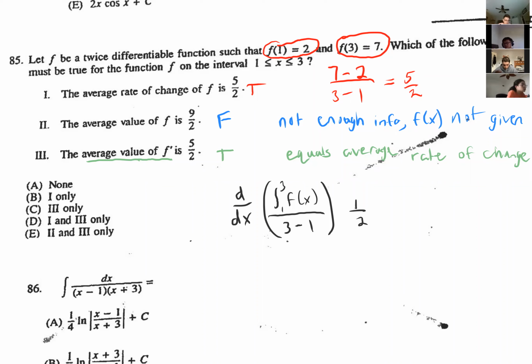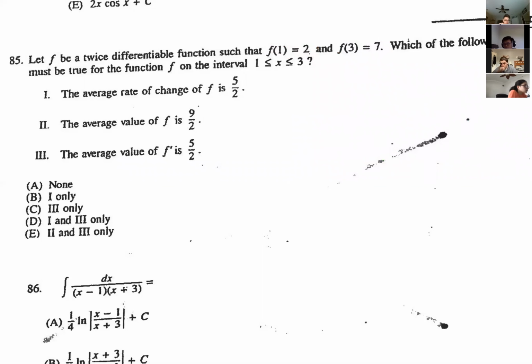So the average value of the derivative. Wait, I might have an idea. Let me try one more thing here. Okay, so the average value of the derivative from 1 to 3 over 3 minus 1.